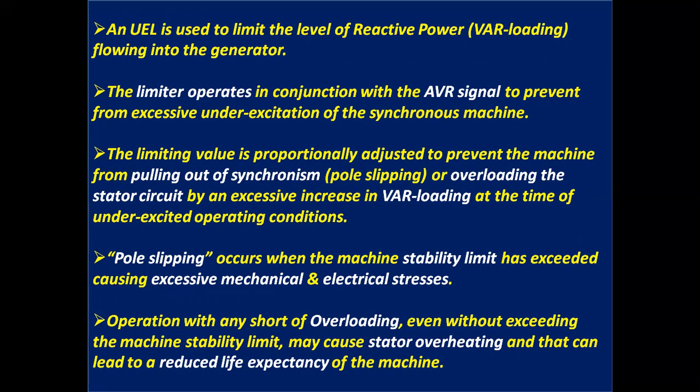Pole slipping occurs when the machine's stability limit is exceeded, causing excessive mechanical and electrical stresses. Operation with any sort of overloading, even without exceeding the machine stability limit, may cause stator overheating, and that can lead to a reduced life expectancy of the machine.